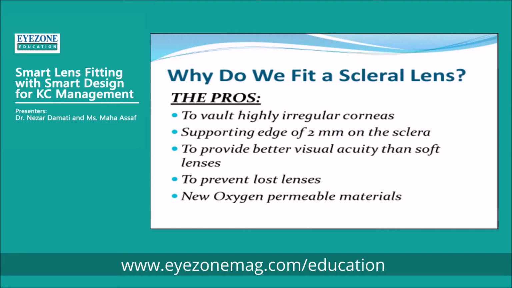So with all these things, the patients will be satisfied to use these lenses. Of course, these lenses develop alongside the design, and the materials also develop, coming now from Contamac and Boston XO2, and with high Dk also.